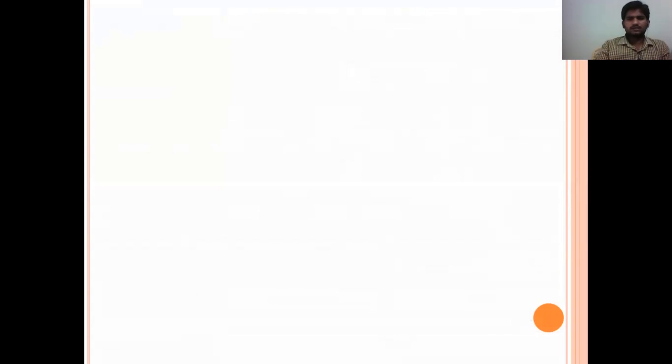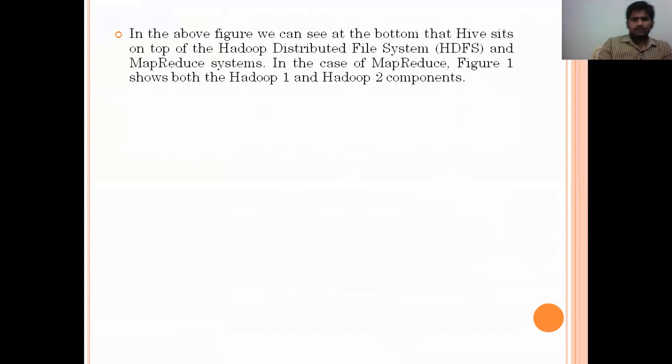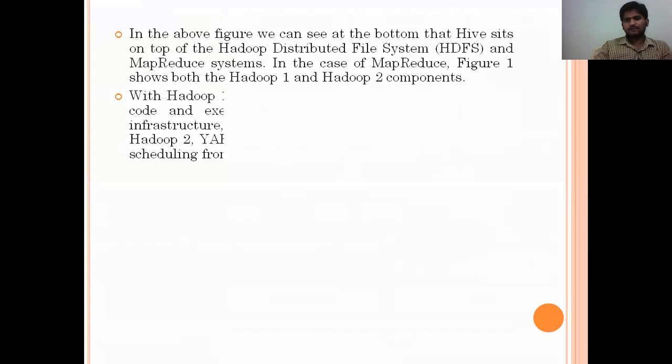So in the above figure you can see that Hive sits on top of the Hadoop distributed file system and the MapReduce system. In figure 1, both Hadoop 1 and Hadoop 2 components, that is the MapReduce 1 and MapReduce 2 components, are there. Okay.